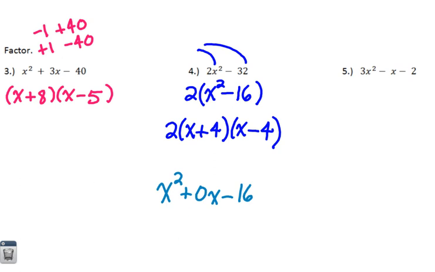Okay? Now number 5, you look at this and you think to yourself, is there a GCF to factor out? And you look at all three terms and you think, no, there's no GCF. And so if this is going to factor, we're going to go with unfoiling, like factoring into two bubbles.